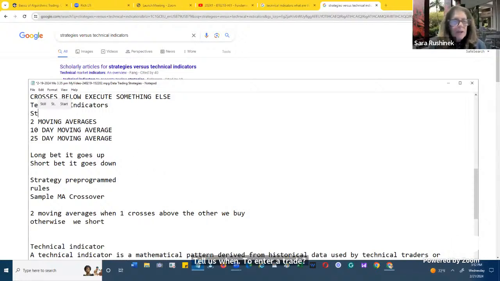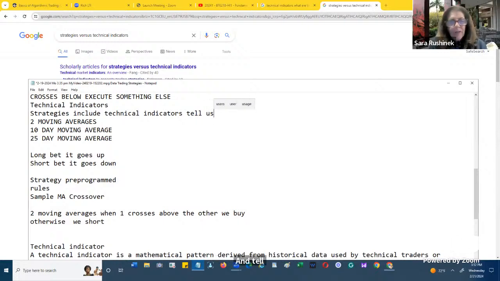So strategies include technical indicators and tell us, or tell the computer, when to enter and or exit the trade.